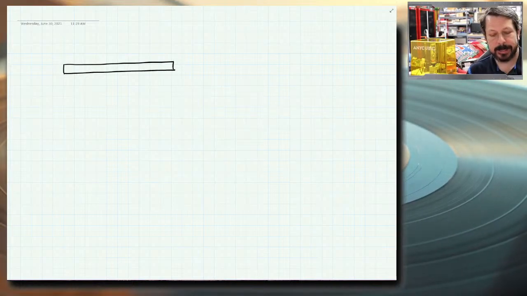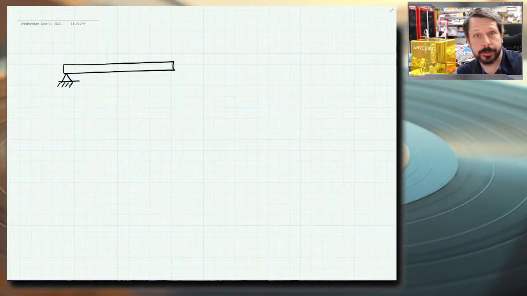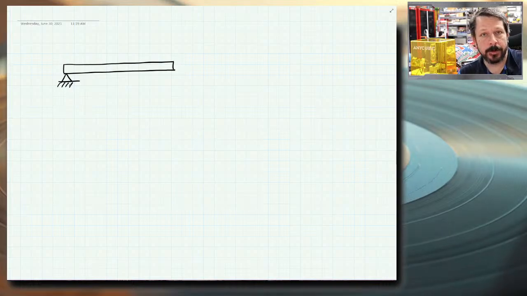So this is the side view of a beam, and in a frame, usually the two ends, or at least some points on the beam, are going to be supported by pins. There could be some overhanging parts, and there's a couple of different ways we could support the beam itself.